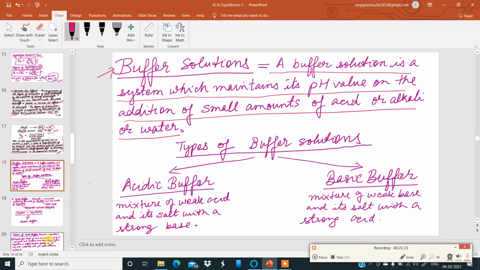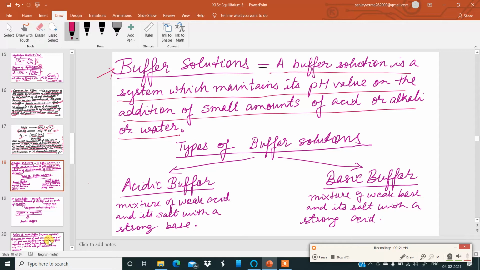So if there is a buffer solution and we add acid, it maintains its pH by moving in either direction, forward or backward. The pH does not get disturbed if you add an acid or an alkali to it. Now let me explain in detail.